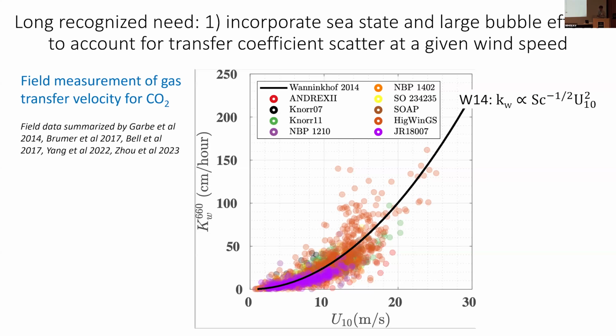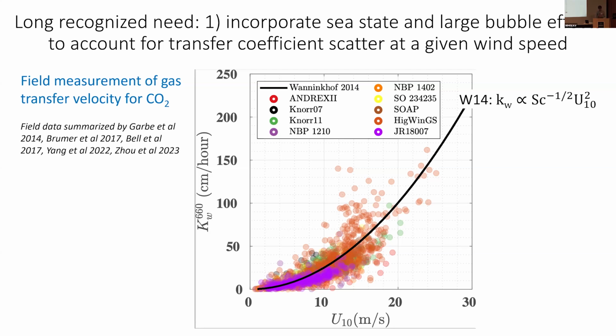And again, that's what's being used in most ocean models or climate models. And then all the data are different results from eddy covariance measurements of CO2 fluxes. And so then you get your gas transfer velocity. And so what you can see is that if you take a specific wind speed at 10 meters or 15 meters or whichever you want, you see a very large spread in the data, up to a factor of 2 or 3.